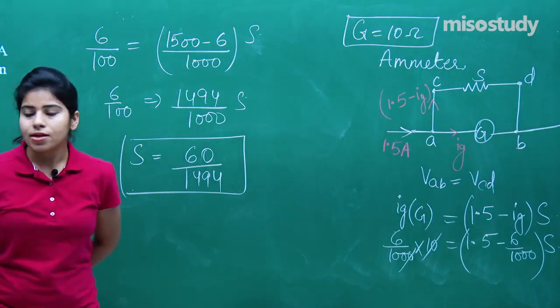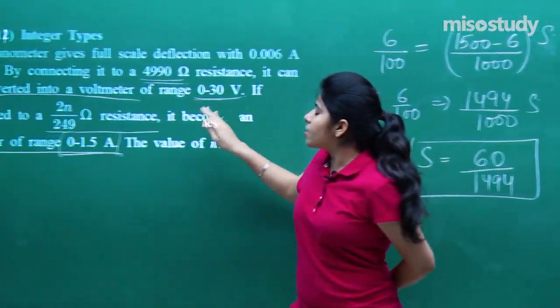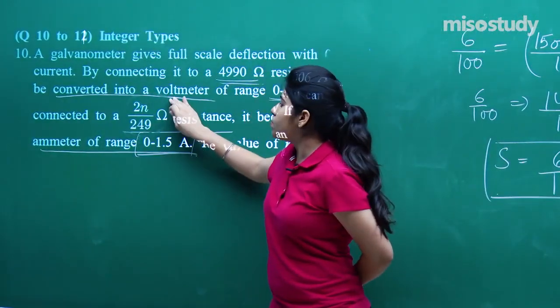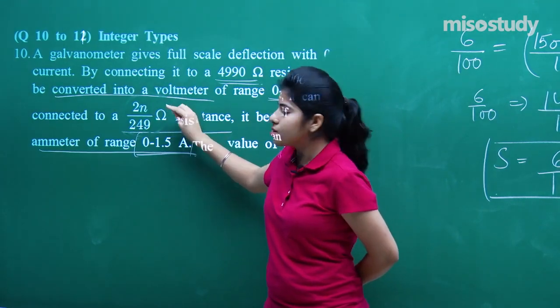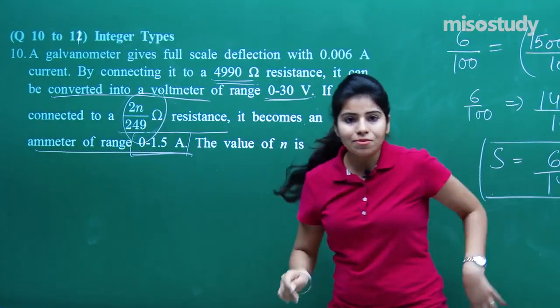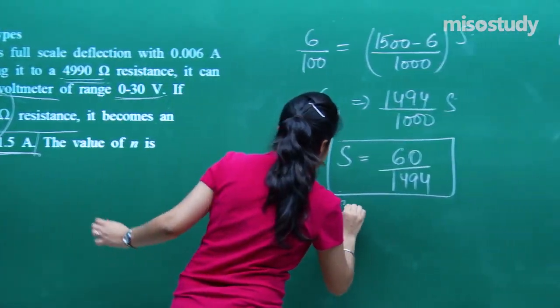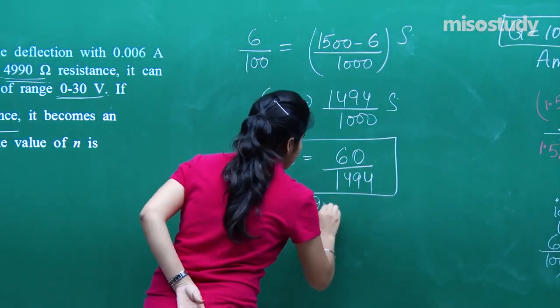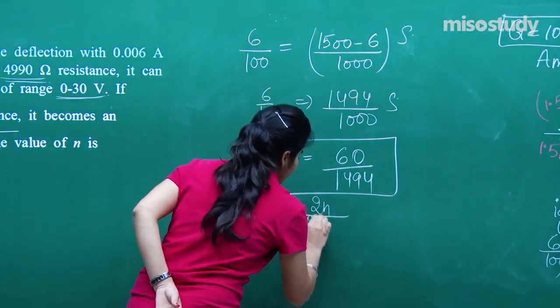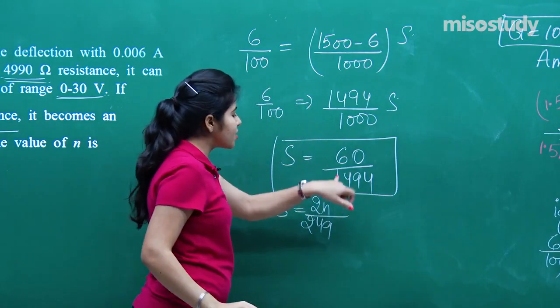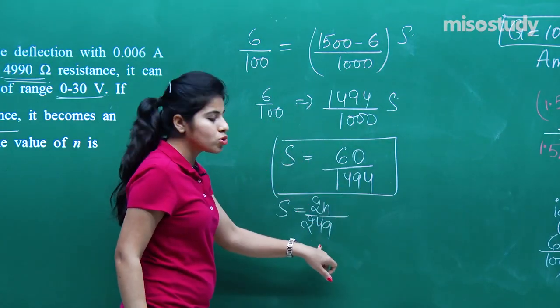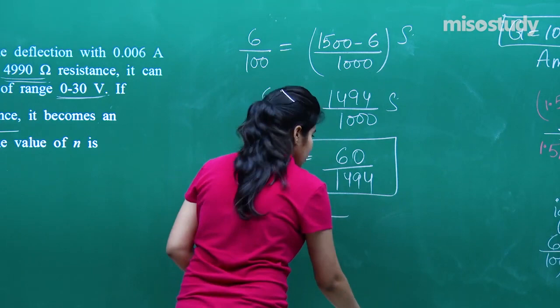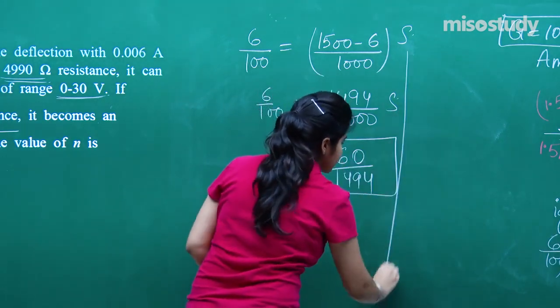Now what next? We have been given that if connected to a 2N divided by 249 ohm resistance, this value, that means S has been given as 2N by 249 ohm. That means 60 by 1494 is nothing but 2N by 249. We just have to equate them.